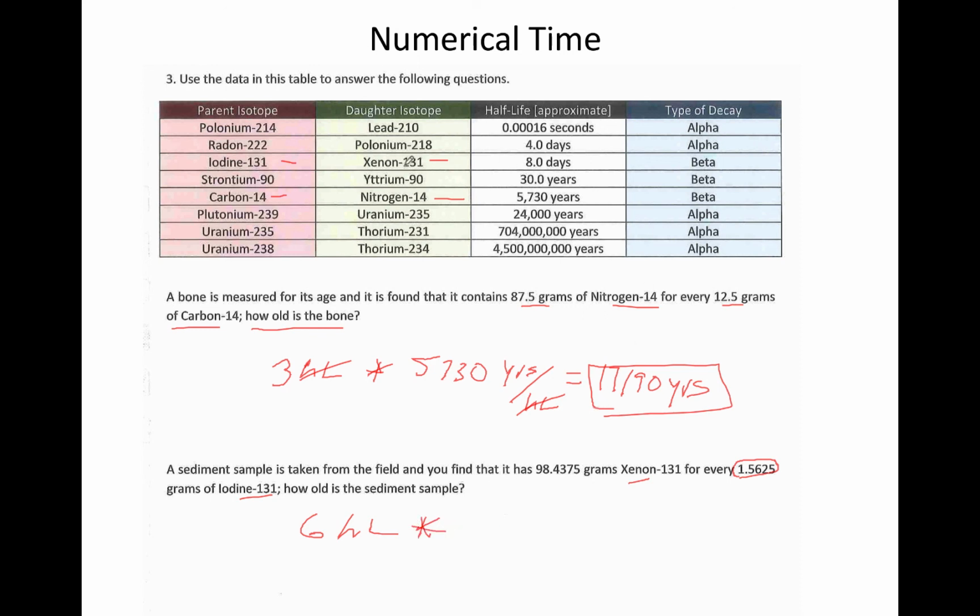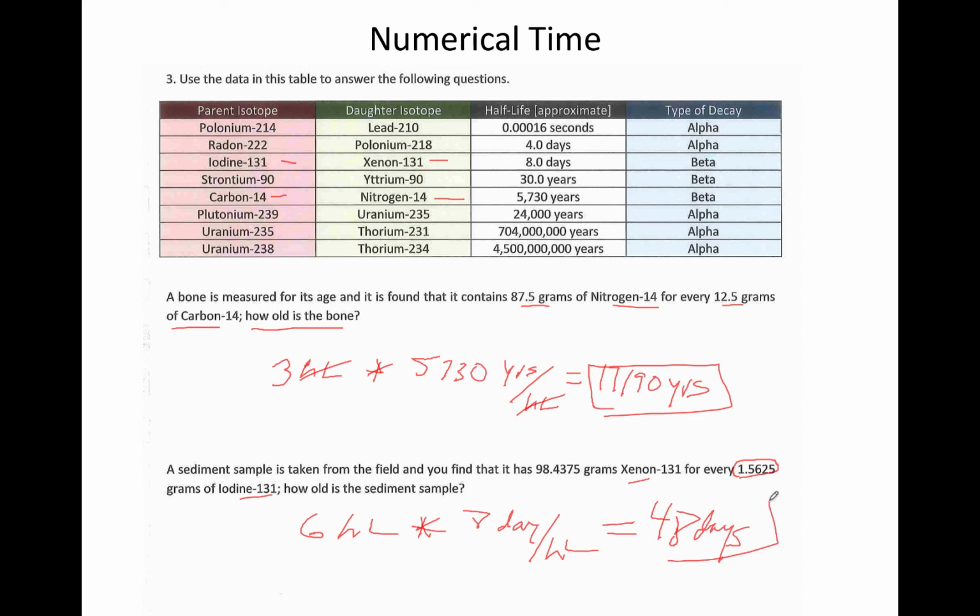Well, we're going to come up here and say the half-life is 8 days, so times 8 days per half-life, which is equal to 48 days. So this sediment sample that we took from the field is 48 days old.